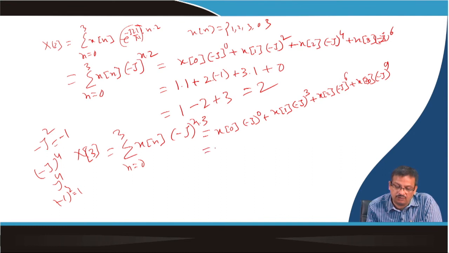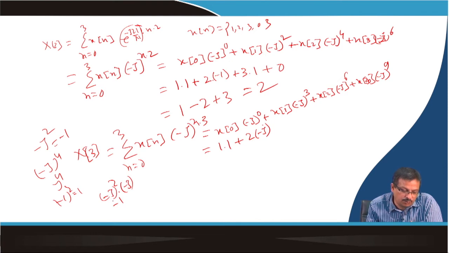So this is 1 into 1, plus 2 into minus j cube. Minus j whole square into minus j, and minus j whole square means minus 1, so minus 1 into minus j is plus j.